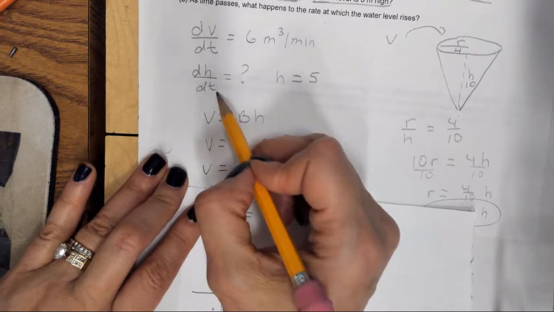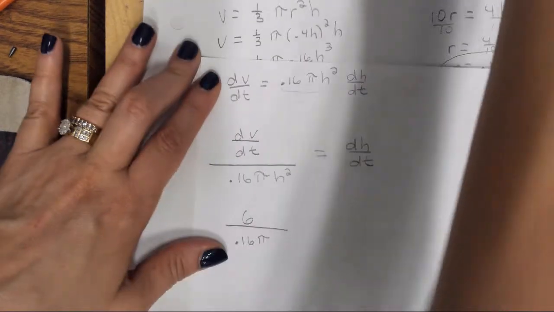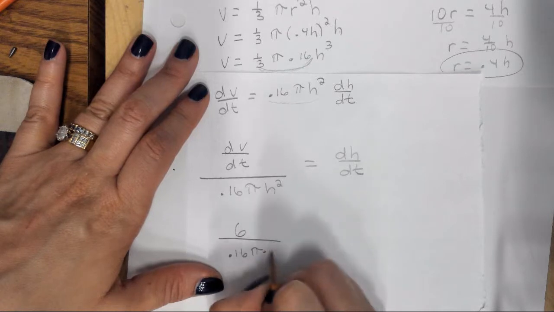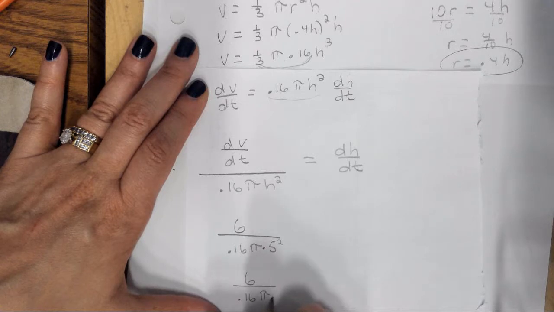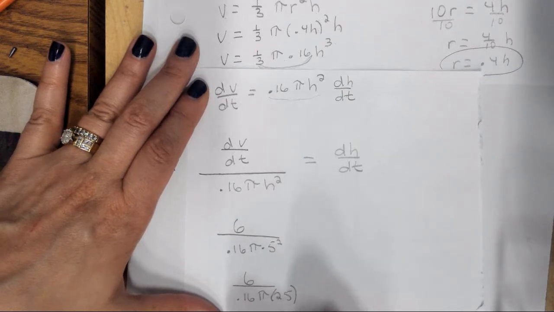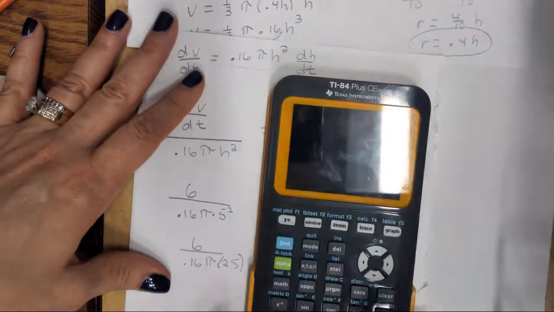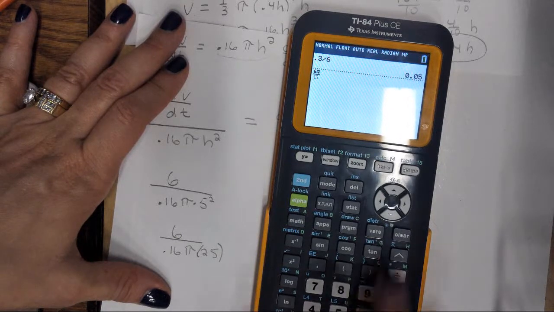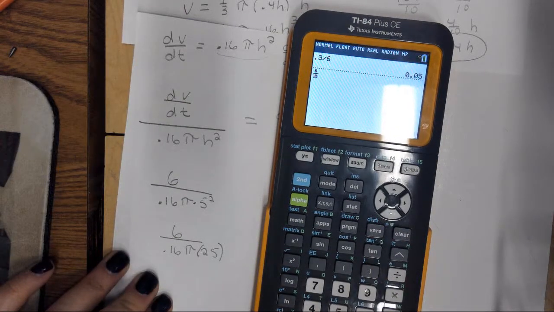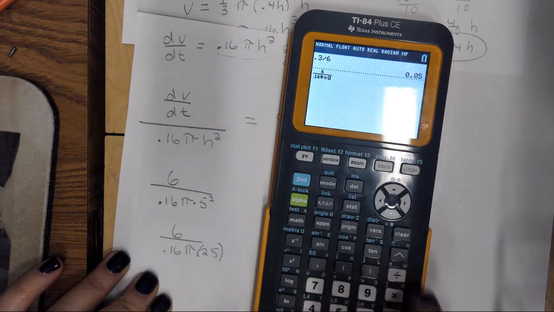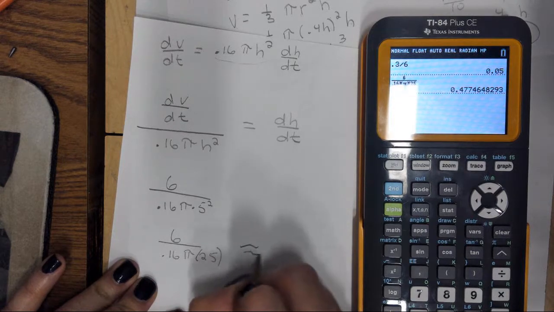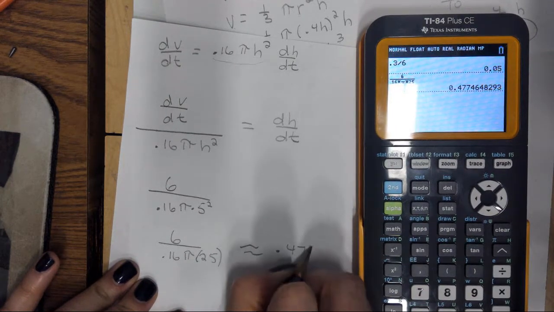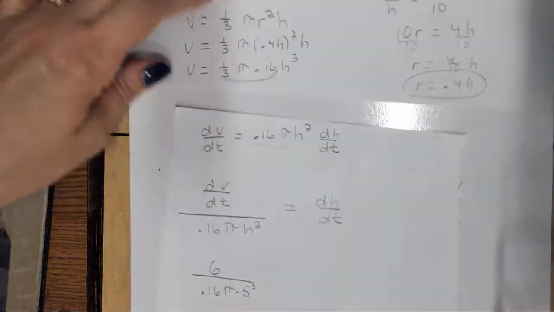I'm looking for this when h equals 5, so this is times 5 squared, which is 6 over 0.16 pi times 25. And so on my calculator, I have 6 divided by 0.16 times second pi times 25, and I get 0.477.